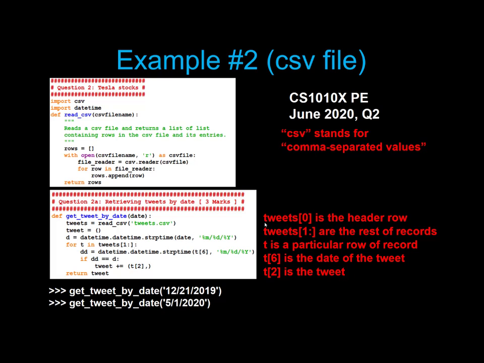We don't have to process tweets[0] because it's the header row, so you can ignore it and process the rest. For each one that you get, you convert the date of the tweet to a date. t[6] is actually the date of the tweet, and if the date of the tweet is the same as the date that you want, d, then t[2] is the tweet, and the tweet is added to the answer.